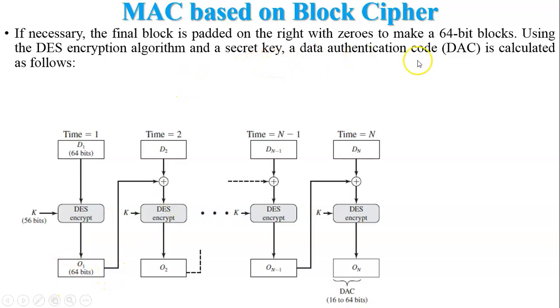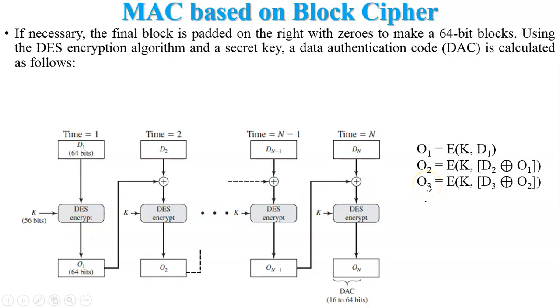A data authentication code is calculated as follows. O1, the output of the first block, is equal to encryption using the key K with input D1, the first block of the message. In the second block, an extra step is used: the XOR process. The output of the first block is XORed with the input of the second block and encrypted using the same key K, 56 bits.